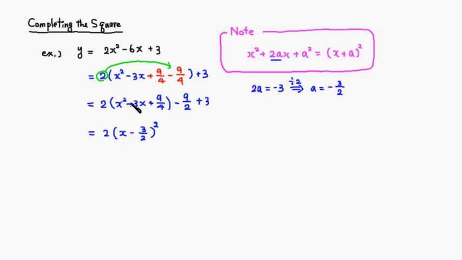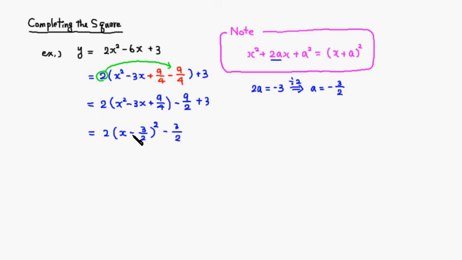Then we can just combine negative 9 halves and 3. 3 is 6 halves, so negative 9 halves plus 6 halves is negative 3 halves.